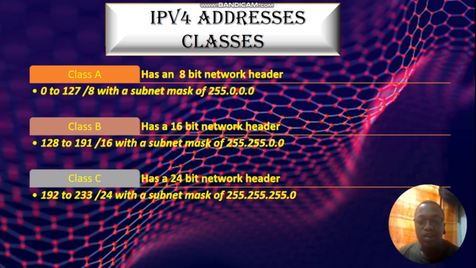what we can basically find on the internet, and what can be assigned to us as users of the internet, are the first three classes, which are class A, class B, and class C. And what helps us to define these classes is the prefix, and the prefix is basically the length of the network header of an IP address.